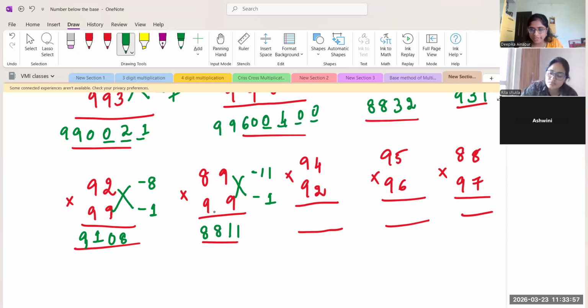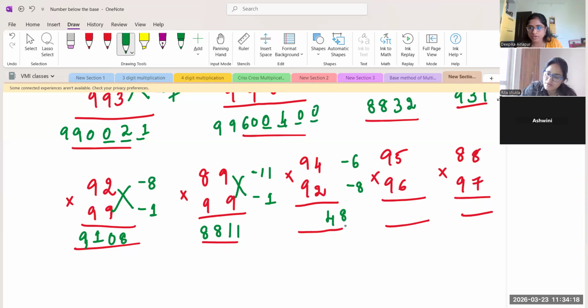And then 94 into 92. Same, 100 is the base. So 94 minus 100, that is minus 6. 92 minus 100, that is minus 8, right? 6 8s are 48.